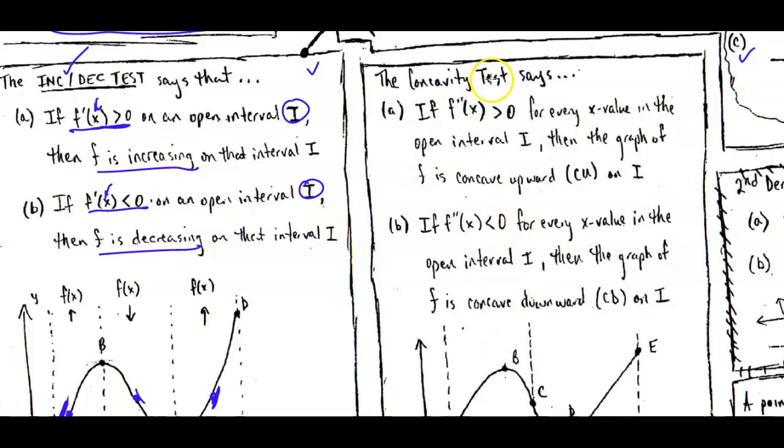So the concavity test says, and I've mentioned this before, that if we take the second derivative of our function and we evaluate it for some interval of x values, for all those x values, if the second derivative is positive, we know that our graph is concave up.